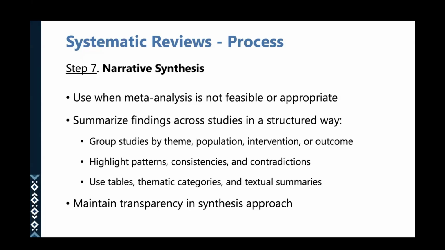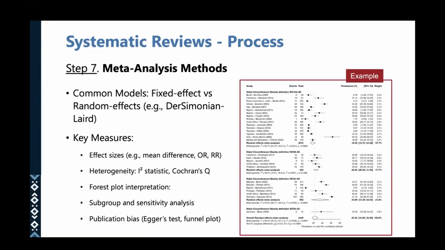And you must define your protocol very early on how you're going to do the narrative synthesis, because this will maintain transparency. So for syntheses that are numerical or quantitative, you can do either the fixed effects or the random effects model. Fixed effects models you use when you are quite confident that the estimates are very similar across studies.